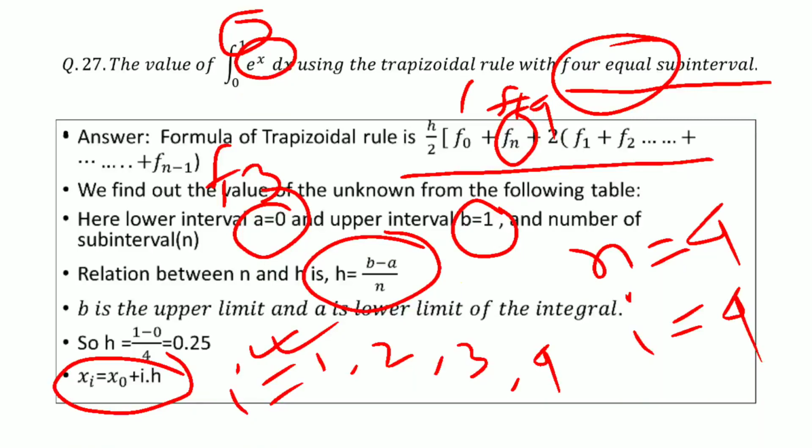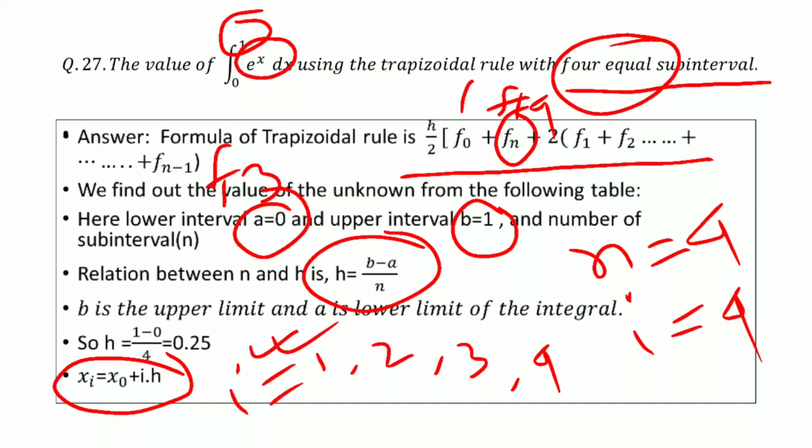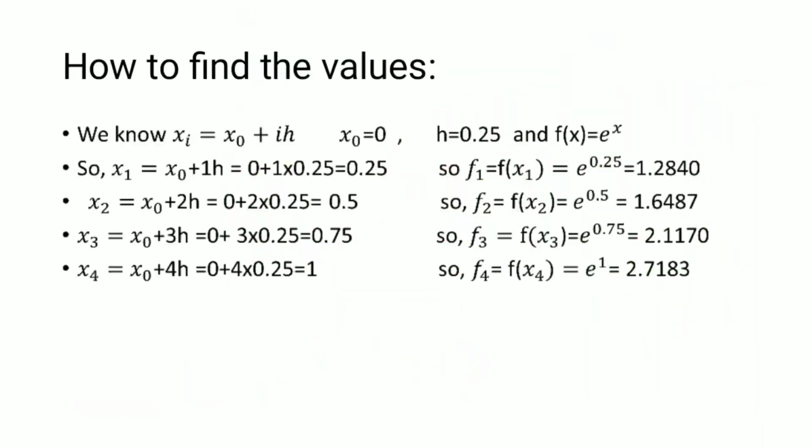Now the next step is how to find the values of f1, f2, f3, f4, because we need these values for this calculation. So how to find these values? We know xi equal to x0 plus ih and x0 equal to 0.